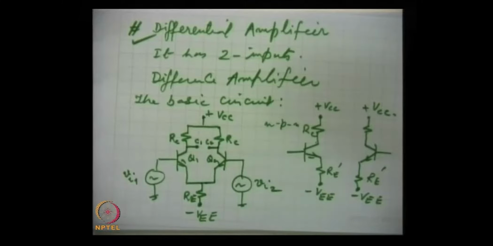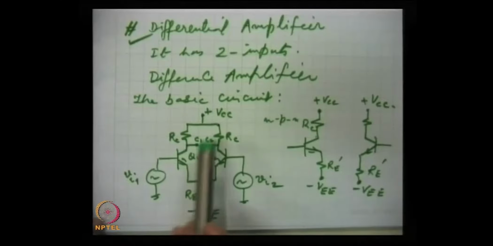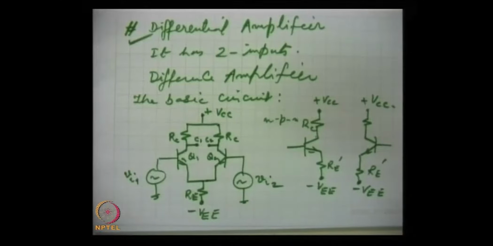When we say that two adjacent emitter bias circuits have been coupled together to give a differential amplifier, this is the differential amplifier. Here the output is taken from two collectors. While other possibilities exist, which we will talk about a little later, commonly this output is taken from two collectors.